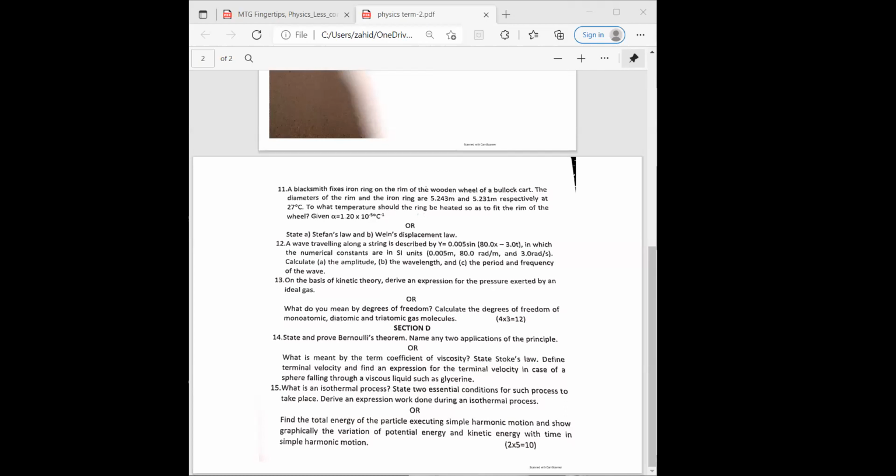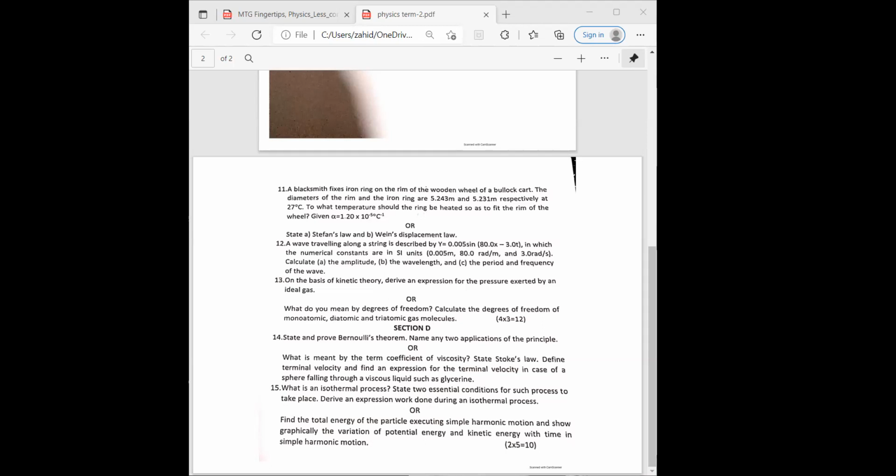A blacksmith fixes an iron ring on the rim of a wooden wheel of a bullock cart. The diameters of the rim and the iron ring are 5.243 meter and 5.231 meter. It means the iron ring is smaller in diameter as compared to the wooden rim. So the iron ring must expand by increasing temperature. Let's say the initial temperature is 27 degrees Celsius.